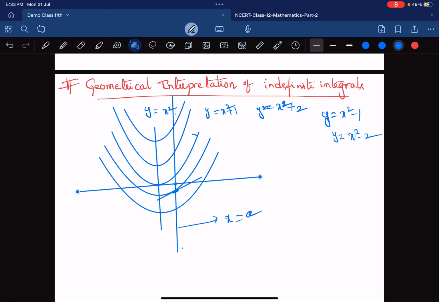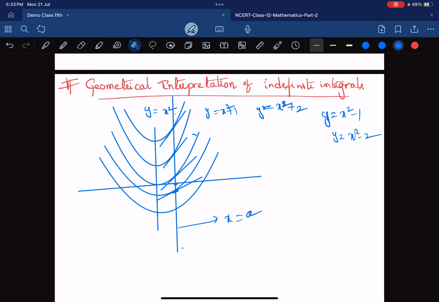This is one tangent. So these are the tangents. All these tangents will be parallel to each other.